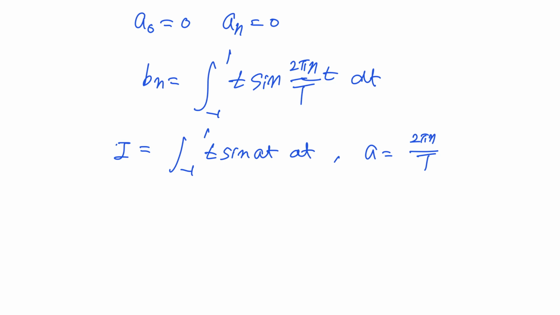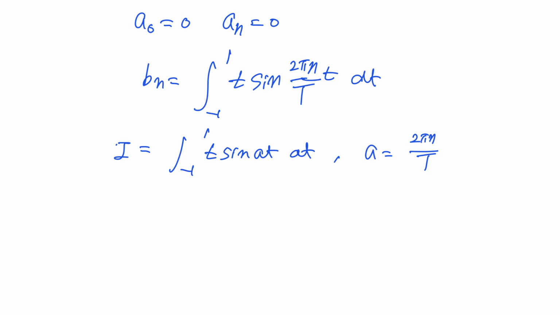And if you take a look at this integral carefully, then we have sine at and we have t appearing here. So actually I did figure out in high school that instead of doing the integral by parts twice, I thought, what happens if you differentiate cosine a by a?